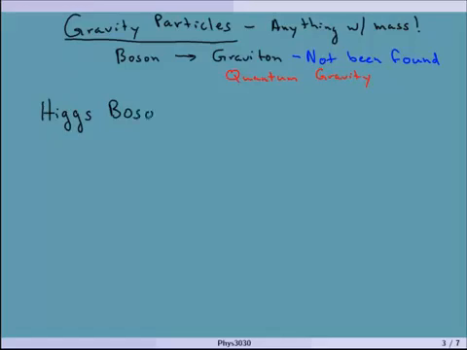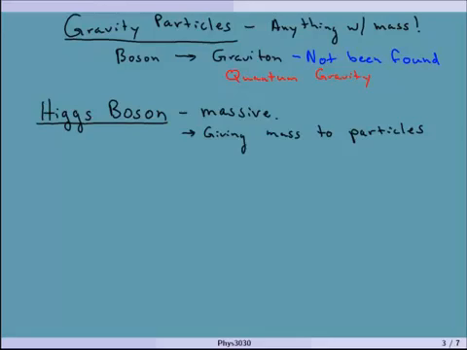Now this has to do something with mass, and it is massive, so it actually has mass, but it's also supposedly a mechanism for giving mass to the particles. Okay, so in the earliest versions of particle physics theory, most of the particles didn't have mass, or you put it in ad hoc, you just put in what the mass was. But the Higgs is the particle that gives mass to the particles.